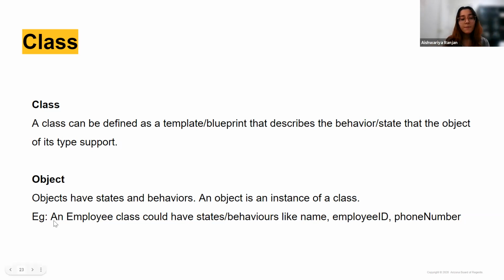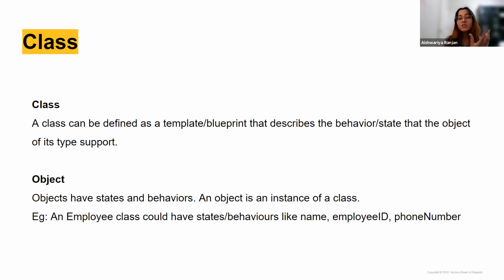For example, an employee class could have state and behaviors like name, employee ID, or phone number. And then you could create an object like Employee aishwariya equals new Employee. So Aishwariya is an object of the Employee class.